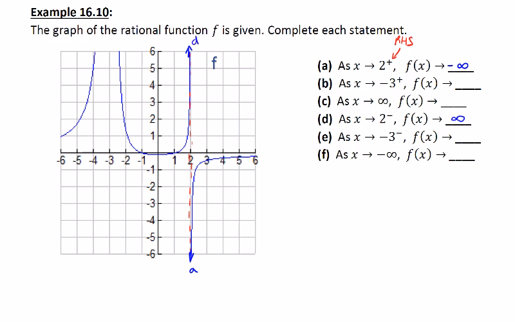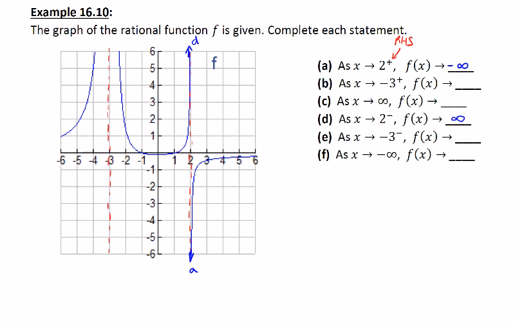So now let's look at statement B. x is approaching negative 3 from the right-hand side. So again, that statement would imply that there must be something going on here at negative 3, and although we don't see it, we can always draw in the vertical asymptote that would be there at x equals negative 3.